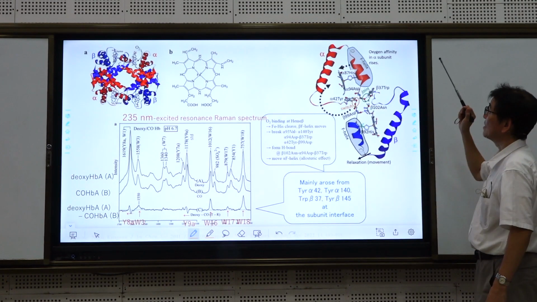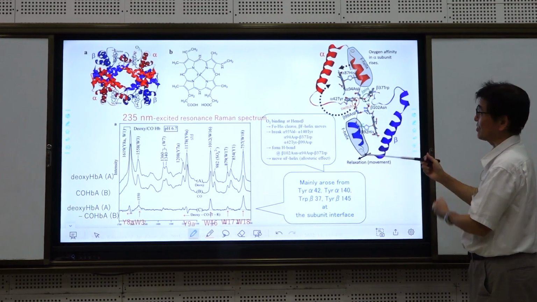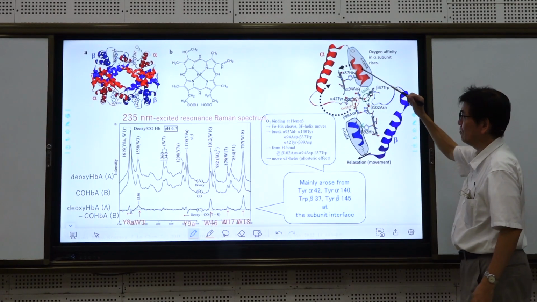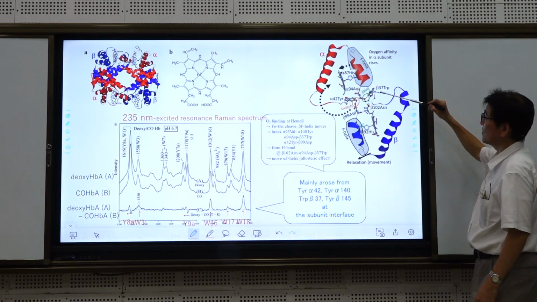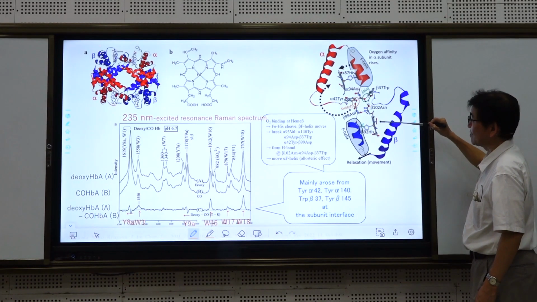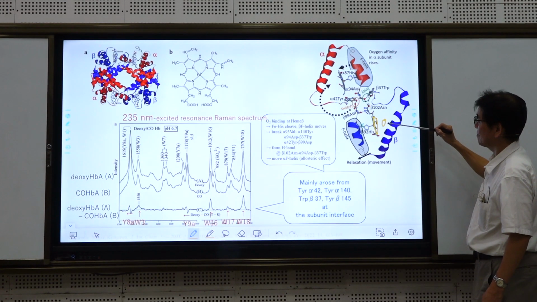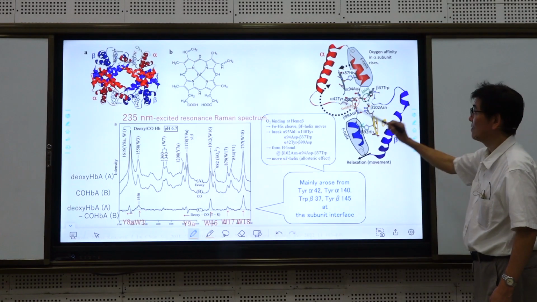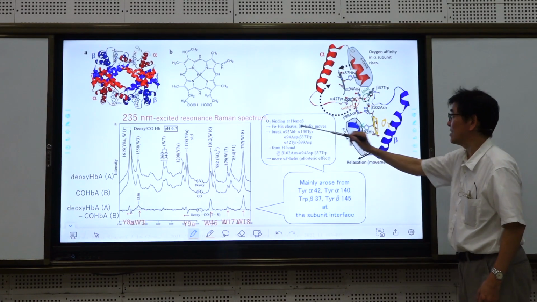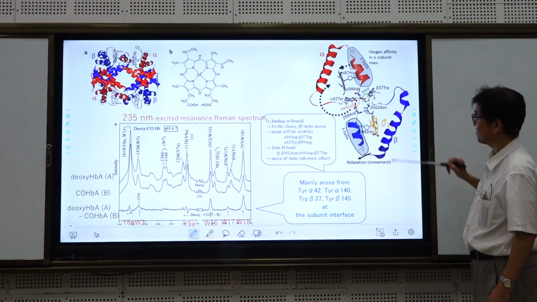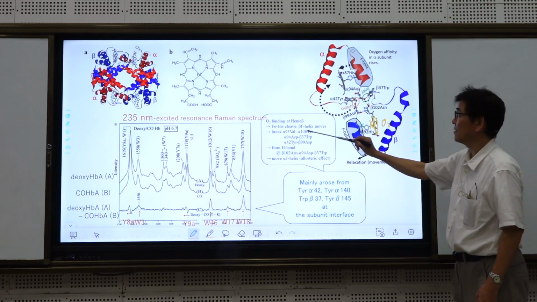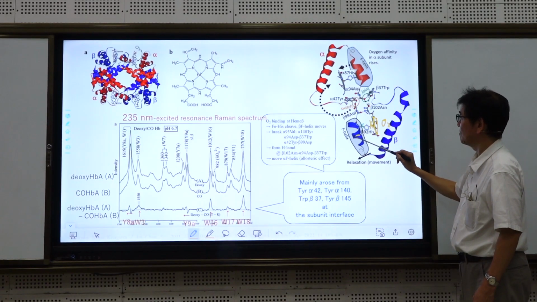Then, according to their explanation, when O2 binds onto heme beta, oxygen comes, then the Fe histidine bond leaves and the beta F helix moves.